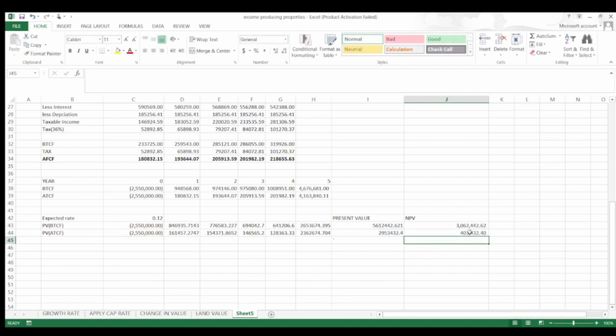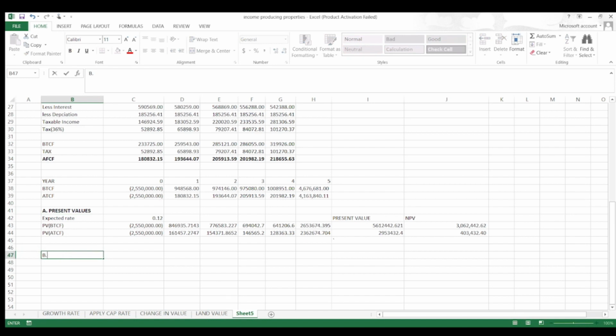So that's the present value of the after-tax cash flows, or rather the net present value. With that, we are done with the first problem. So let's call this A, present values. Now let's go to B.